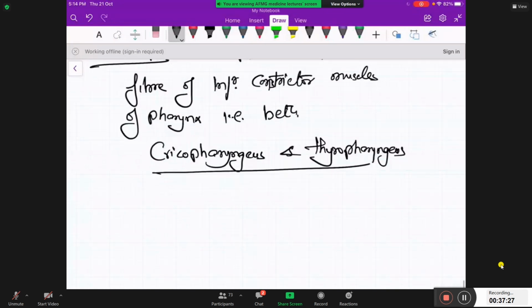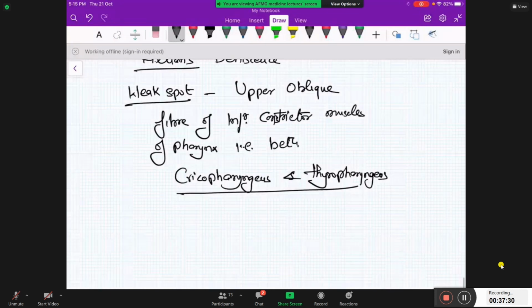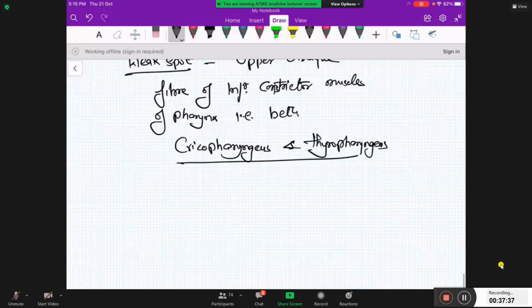So this outpouching is happening between cricopharyngeus and thyropharyngeus muscle, a very commonly asked question. So this is how the outpouching happens.